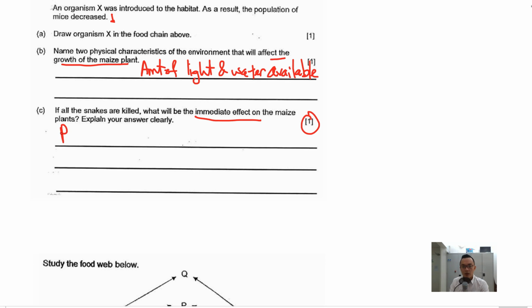So you say the population of the maize plants will decrease. Why?